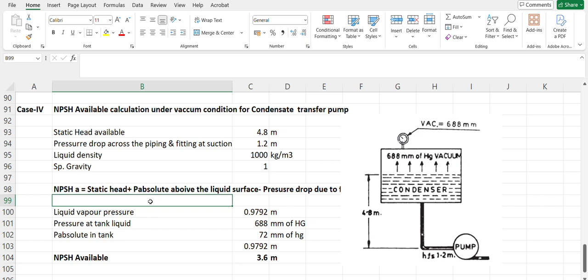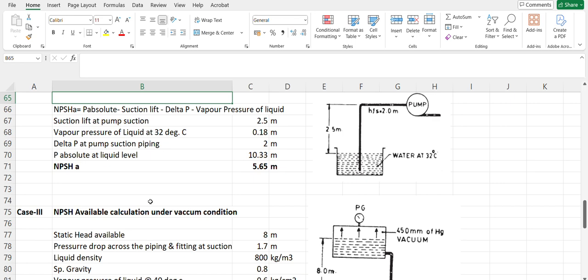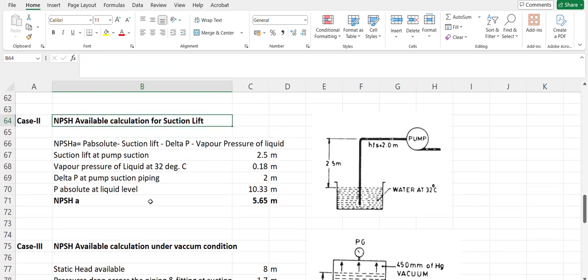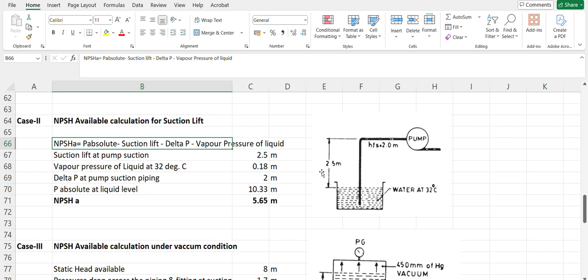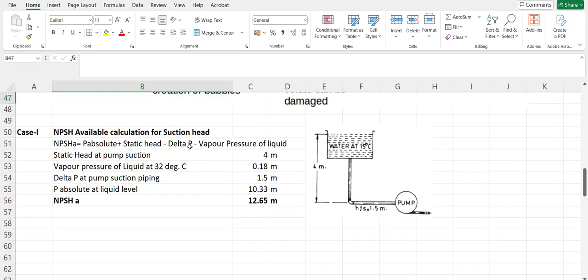So we just summarize that for the calculation of NPSH under suction lift, we need to subtract the static head or suction lift head, and wherever we have positive suction head, we need to simply add that in the NPSH available calculation.